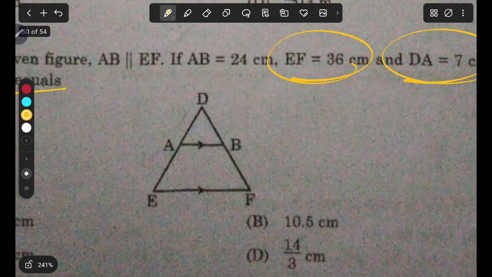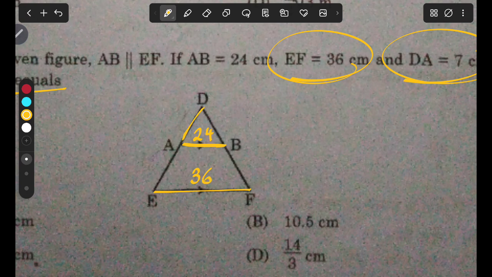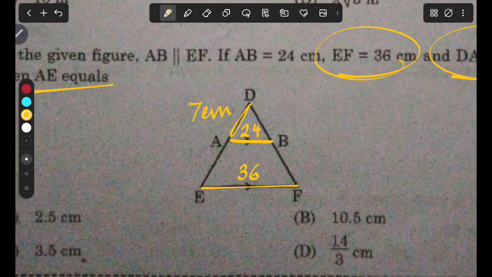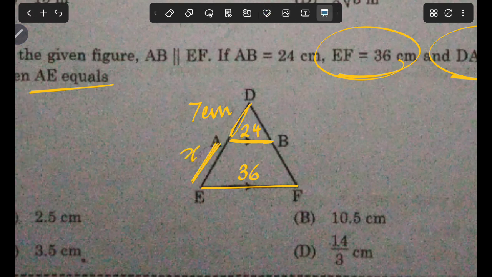The length we are given is AB as 24, EF as 36, and DA as 7 centimeter. We need to find AE, let's say X.